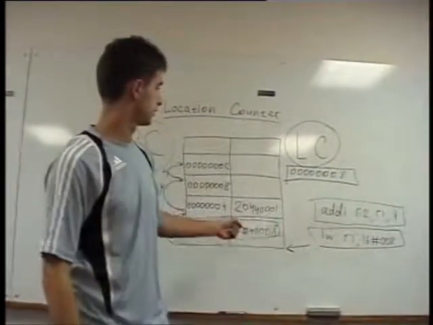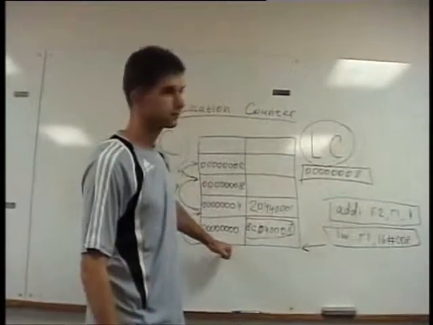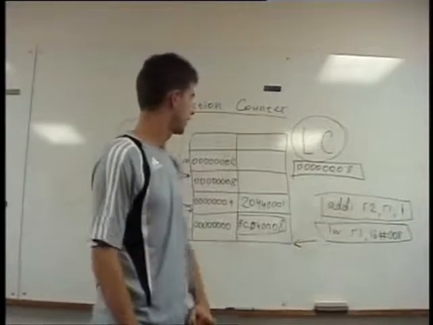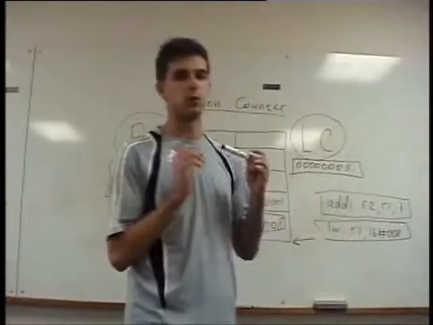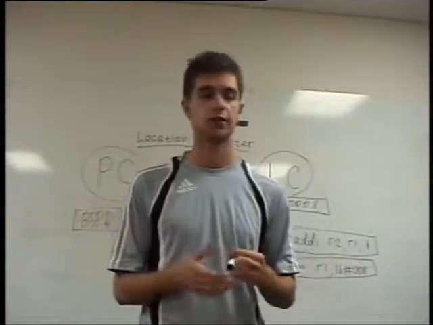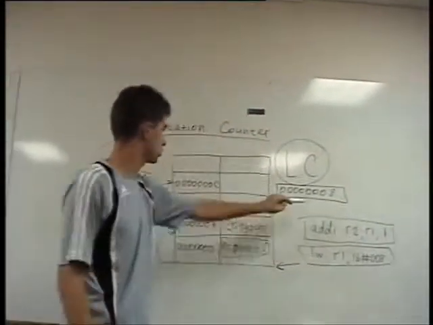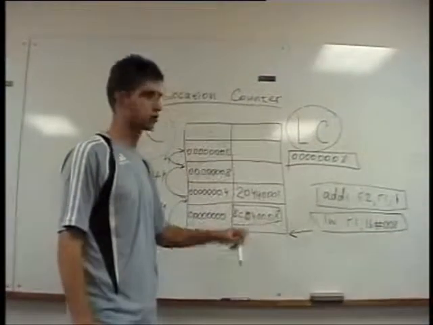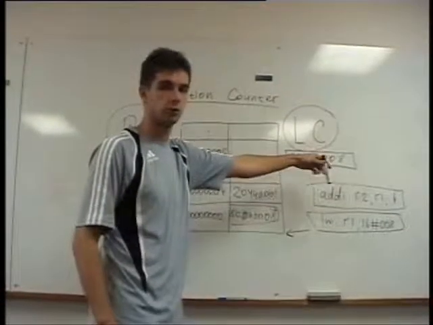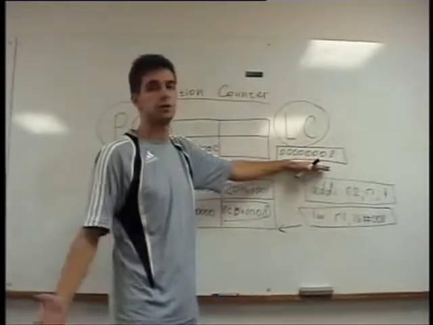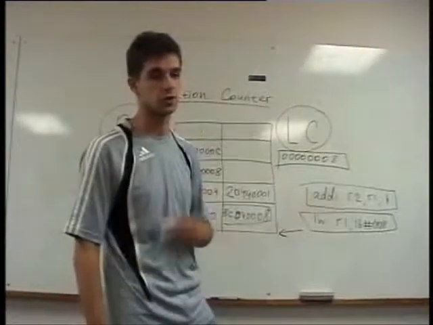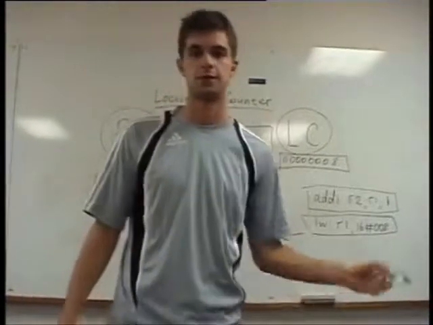Now, the similarities: by default, they start from 0, increment by 4, and the way they're used is very closely related to the fetch cycle. So you get the memory location loaded, fetch the instruction, translate it, and then increment the memory location by 4, so that the assembler knows now that the next instruction to be translated is at the next address, which is 004, 008, 00C, and so on and so forth.